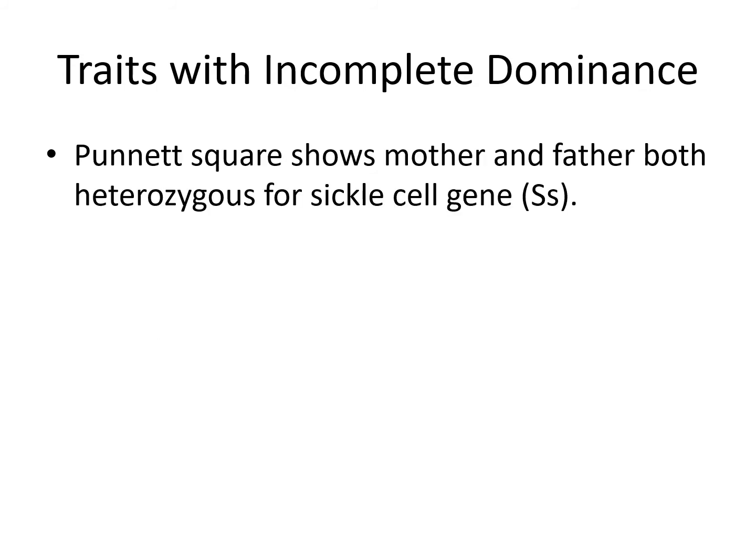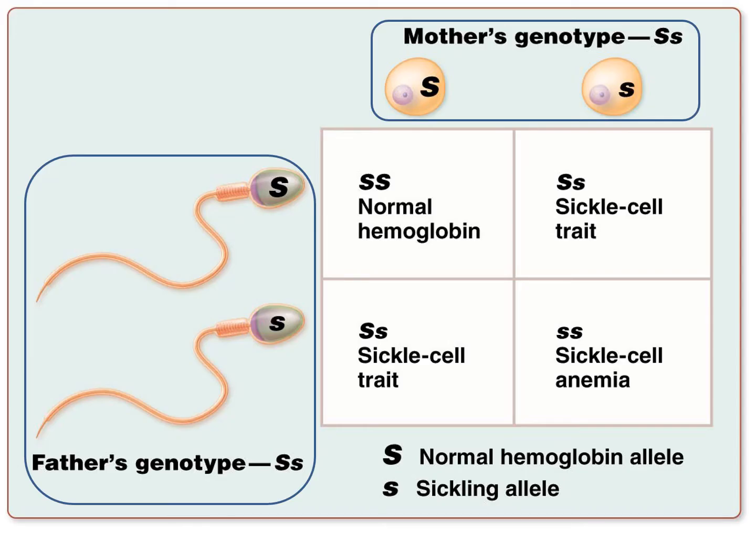Again, we can do this Punnett Square, and we can show the mother and father. In this case, we're going to say they're both heterozygous for the sickle cell gene, big S little s. In other words, they express both normal and sickle cell red blood cells. Okay, and we set up our Punnett Square just as we did before.